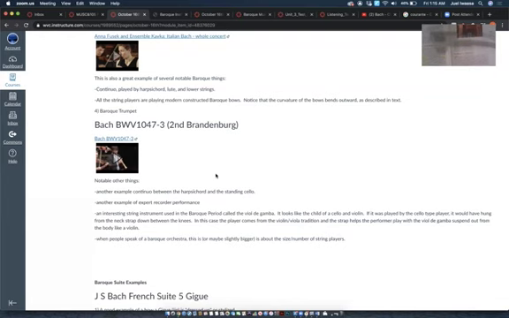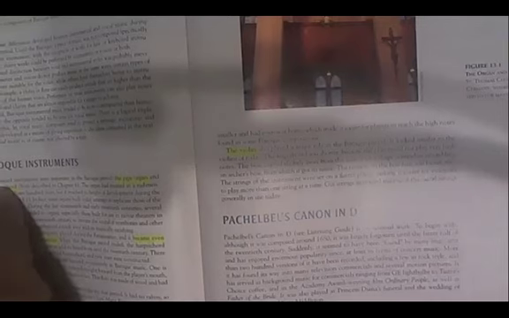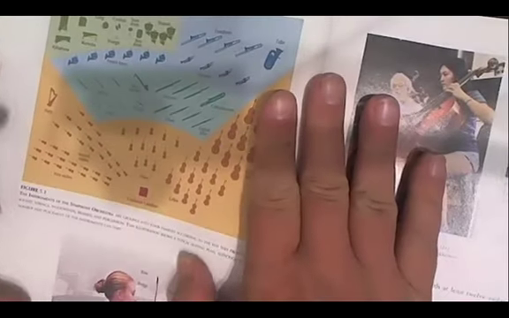The other thing is when we think about a Baroque orchestra, and I'm going to go way back in our textbook, it says, here's the orchestra in chapter 6. We have this picture here of what an orchestra might look like. You think, wow, this is going to be big and impressive.